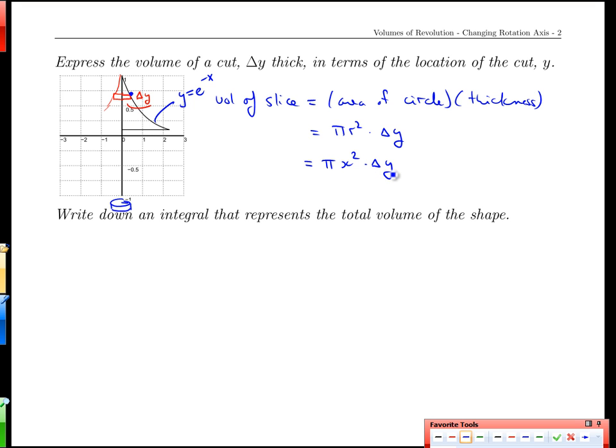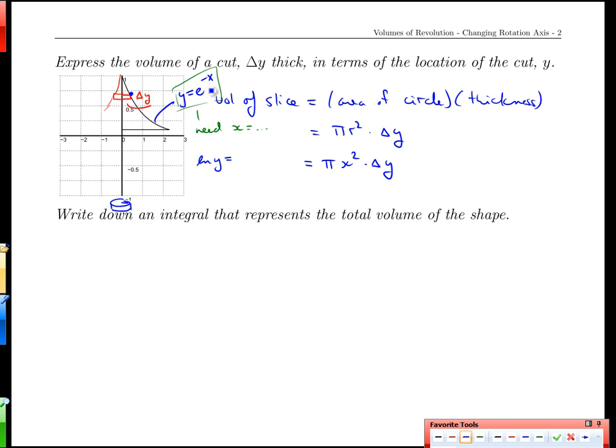But if we're going to be using delta y, then we have to write x in terms of y. How do we do that? Well, this x coordinate and the y coordinate are related through y equals e to the negative x. The challenge is we need x equal to something because we want to replace the x's with y's. So how do we resolve that? We solve for x. We're going to take the ln of both sides.